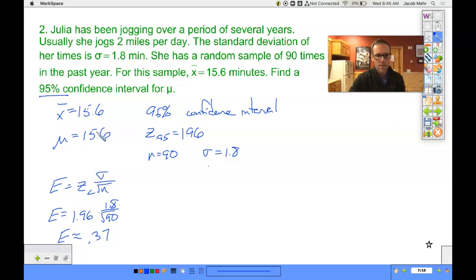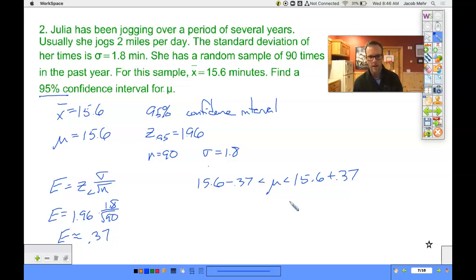Remember that this is our population mean estimate, 15.6. Our error is 0.37, so we could say up to 0.37 bigger or 0.37 smaller. So what we're going to do is take 15.6 minus 0.37 and 15.6 plus 0.37.